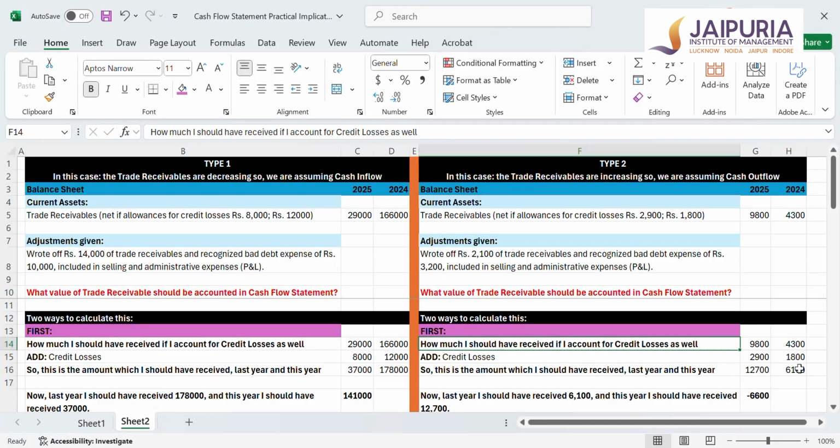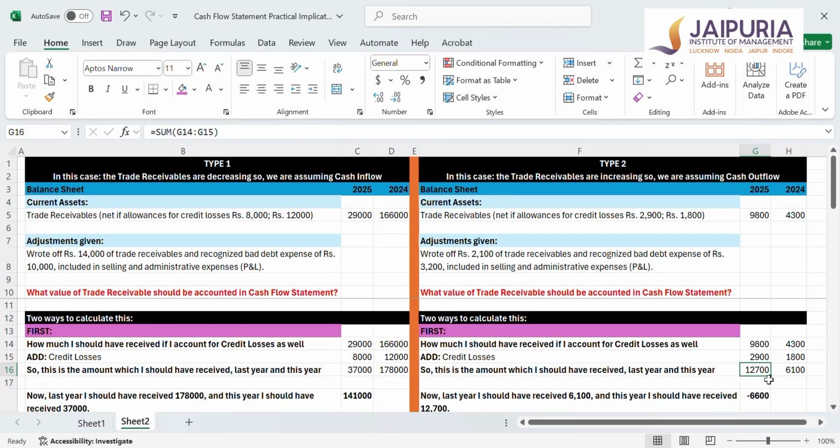Okay. In type 2, if I account for credit losses as well, then I will get 6,100 and 12,700. Now, what is different in this? In this case, the value of my trade receivables has increased from 6,100 to 12,700. Last year, I should have received 6,100, and this year I should have received 12,700. It means that more credit sales has been done because of the increase in trade receivables.